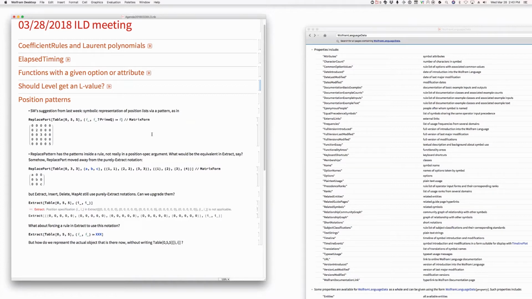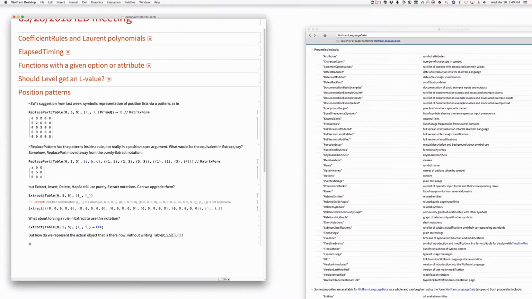So the question is whether we can extend something like that to, say, Extract. And why wouldn't we do that? Well, I was thinking that the nice thing of ReplacePart is that it has the patterns inside a rule. So from the scoping point of view, it looks nice.